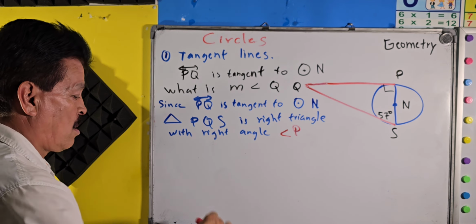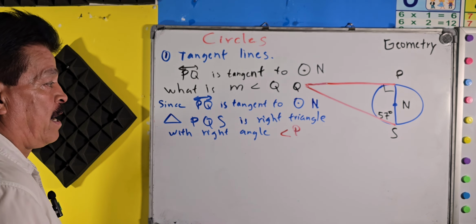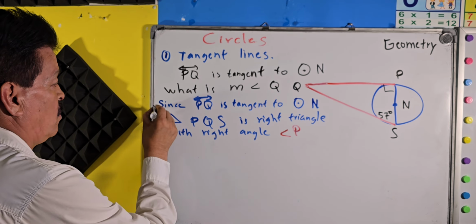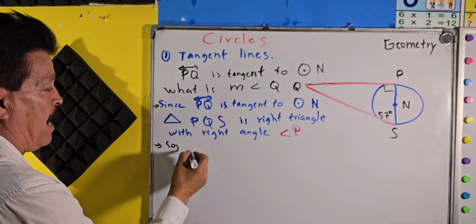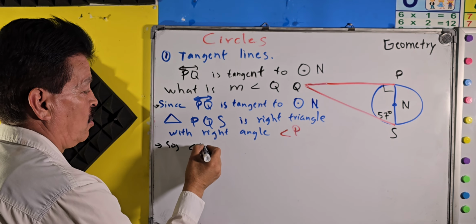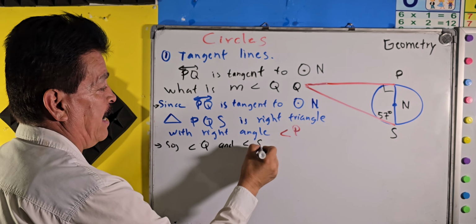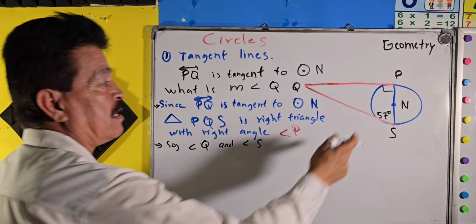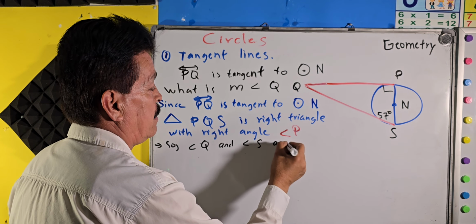So what else? Another conclusion. So then angle Q and angle S, if this is a right angle, these angles are complementary.